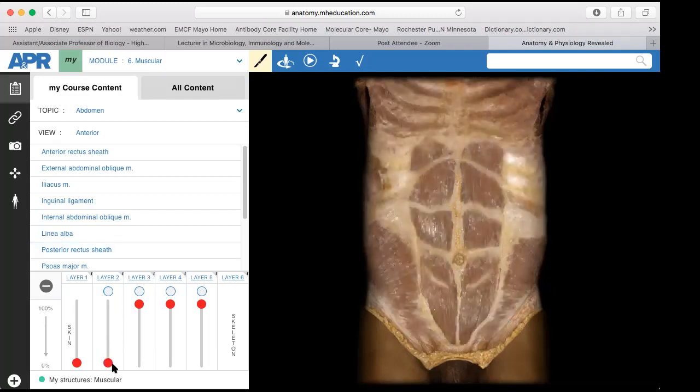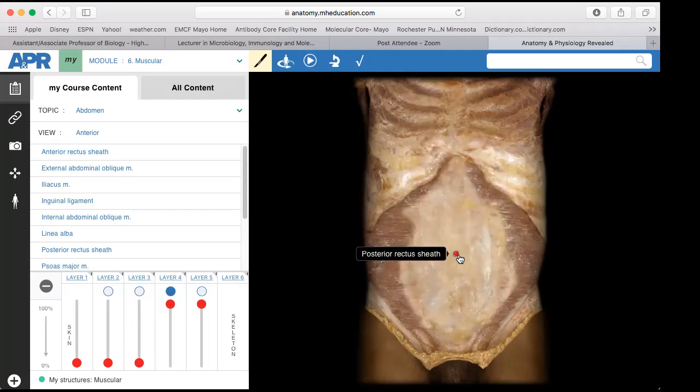Okay, so we dissect that off, and then you can start to see the tendinous intersections of the rectus abdominis. So this is rectus abdominis, but these are the tendons actually. That is not a muscle, just a tendon. So it's actually segmented by these tendons, and then the internal abdominal oblique muscle.